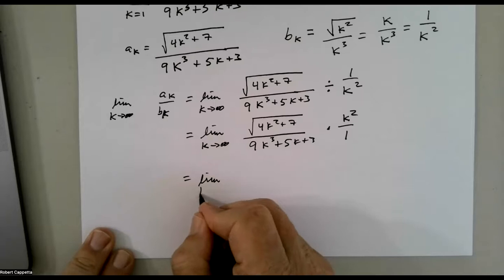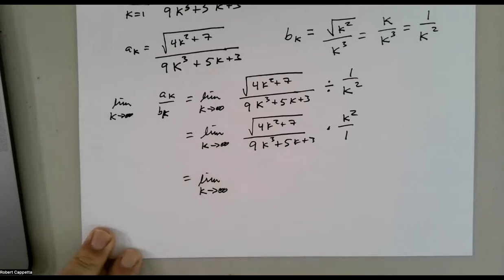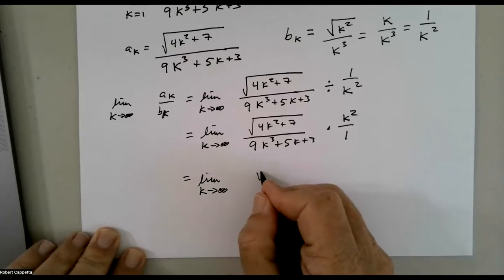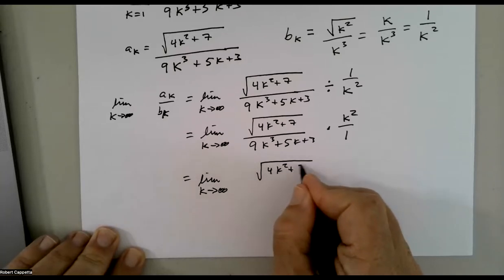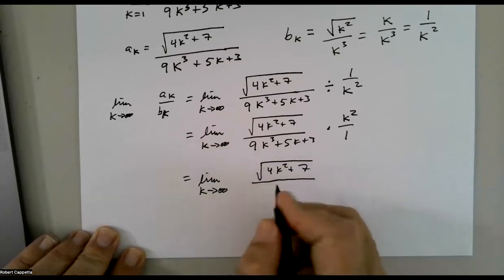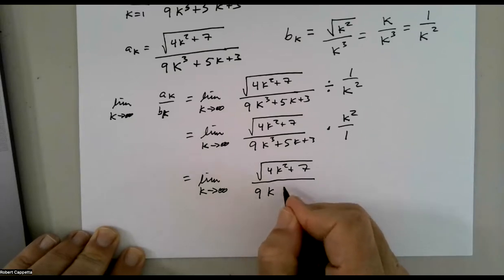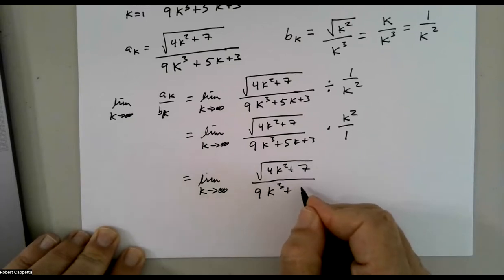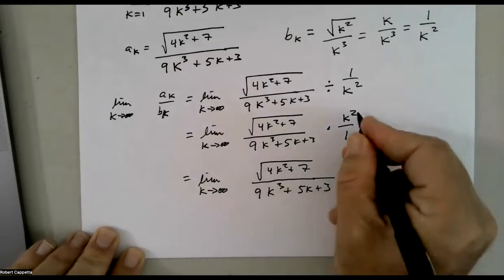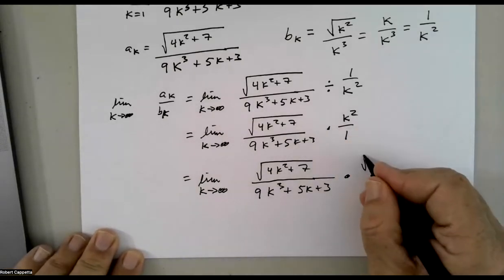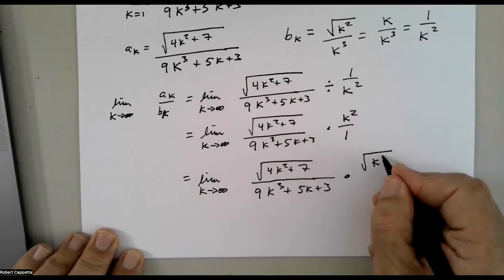Limit as k goes to infinity, square root of 4k squared plus 7 divided by 9k cubed plus 5k plus 3 times, I'm going to rewrite k squared as the square root of k to the 4th.